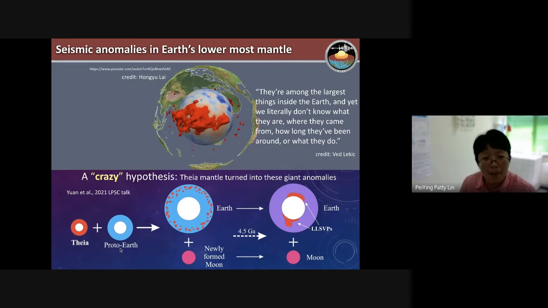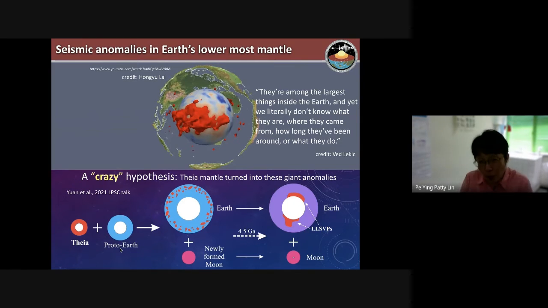This giant high-density, low-velocity region on top of the core-mantle boundary might be fragments of iron-rich things, and when they bumped into the Earth, some of them remained in the Earth, and based on Earth dynamics, these fragments sink down into the mantle and are buried there for a long time.